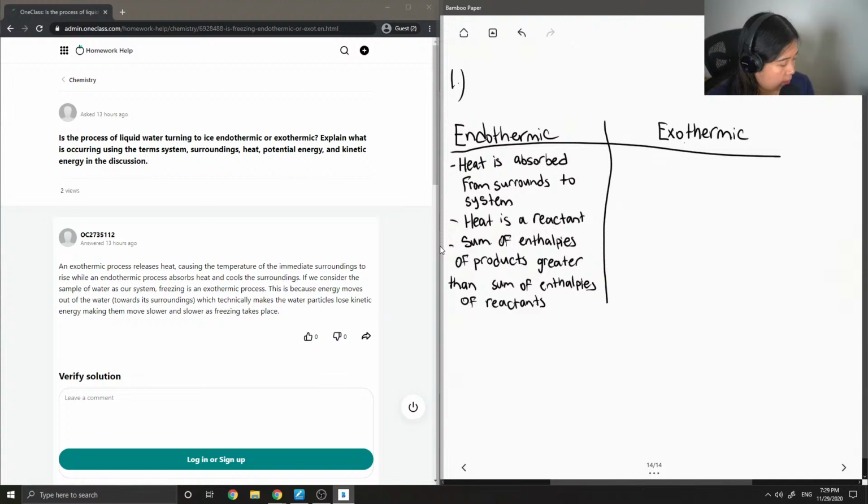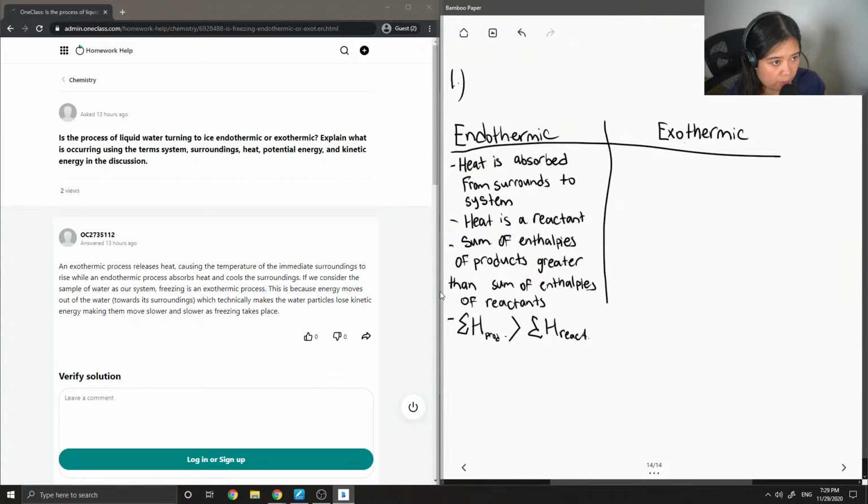So this can also be expressed using these variables, where the sum of the enthalpy of the products is greater than the sum of the enthalpy of the reactants.